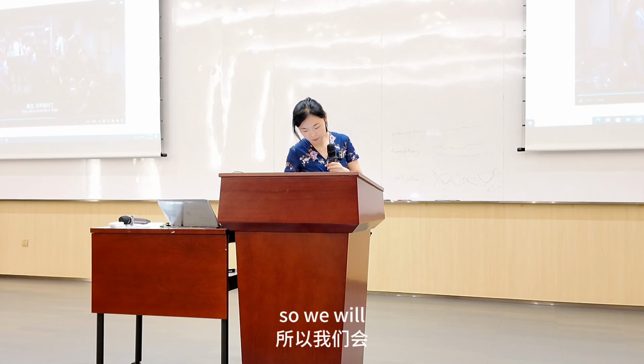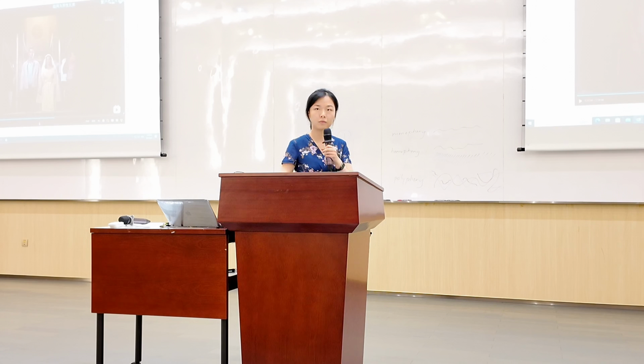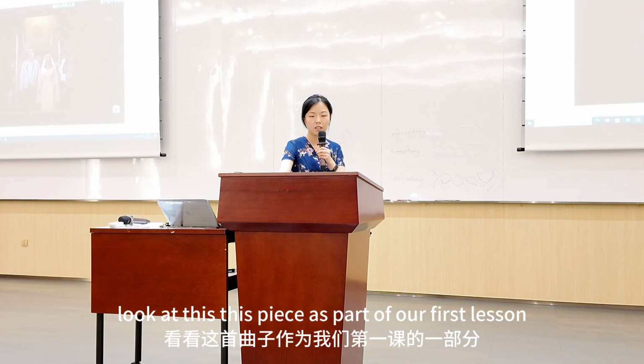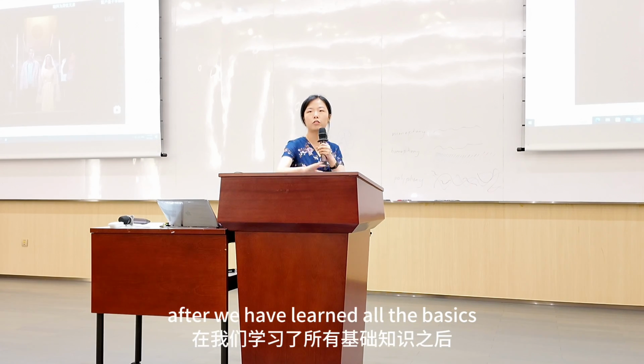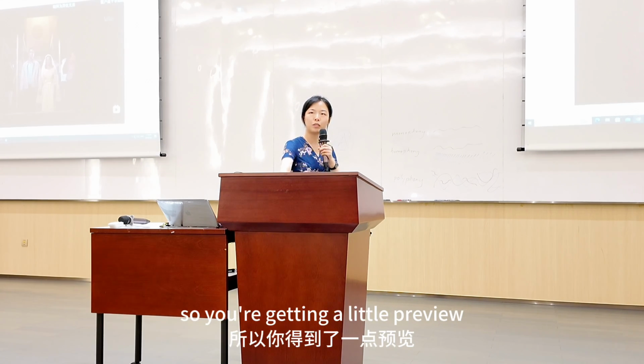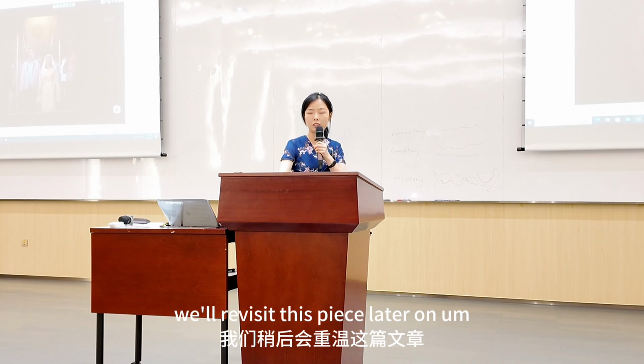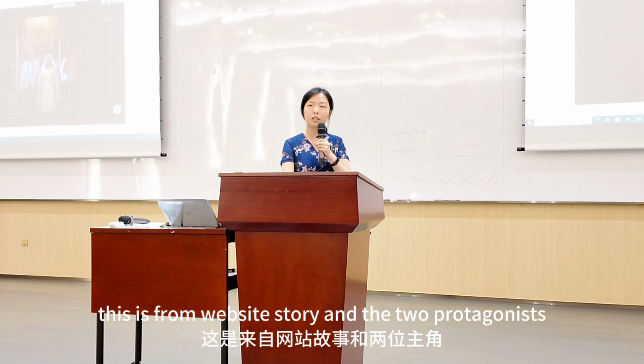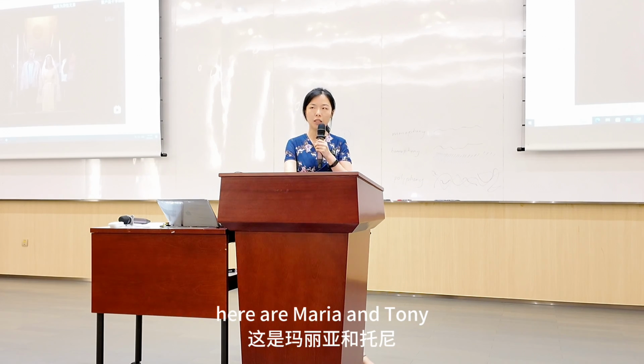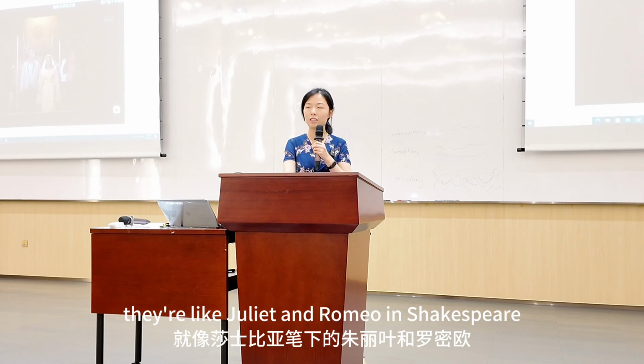So we will look at this piece as part of our first lesson after we have learned all the basics. So you're getting a little preview. We'll revisit this piece later on. This is from West Side Story, and the two protagonists here are Maria and Tony. They're like Juliet and Romeo in Shakespeare.